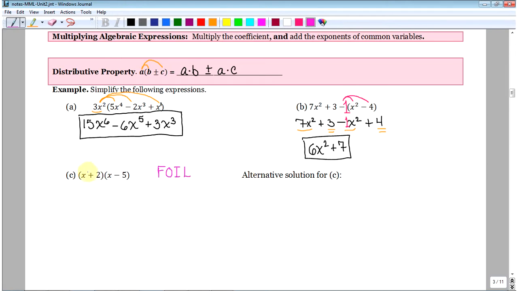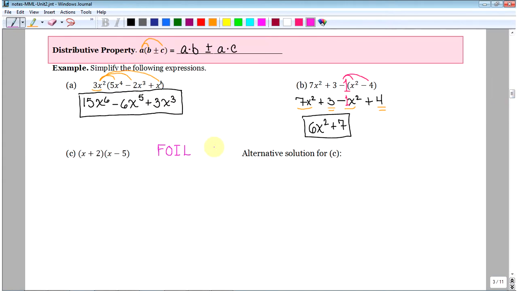I'll show how you can also multiply this out directly by using the distributive property. But let's start off with FOIL, because I think a lot of students find this the easiest way to approach it. The FOIL means that you're going to start by multiplying the first terms together, then the outer terms, then the inner terms, and then the last terms, and they're all going to be added together.